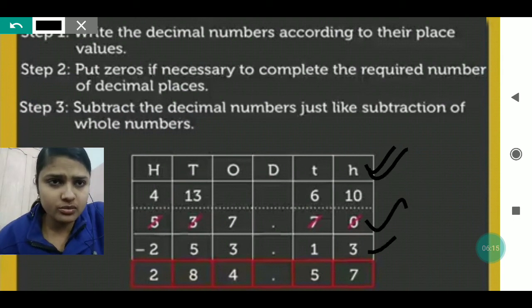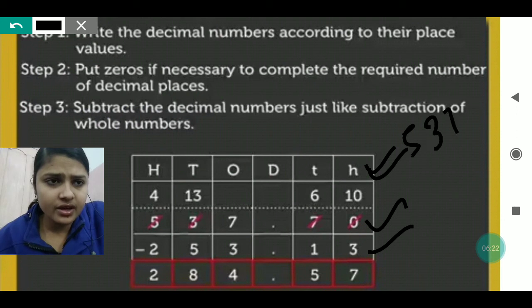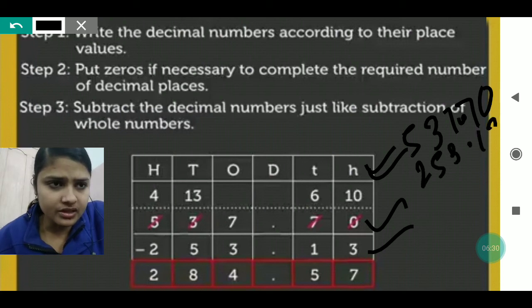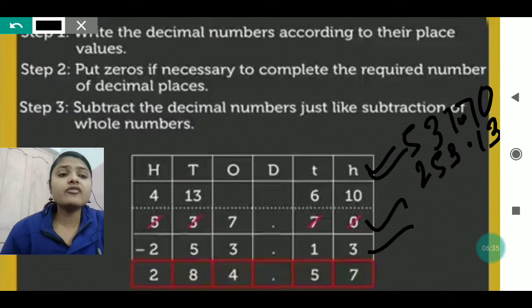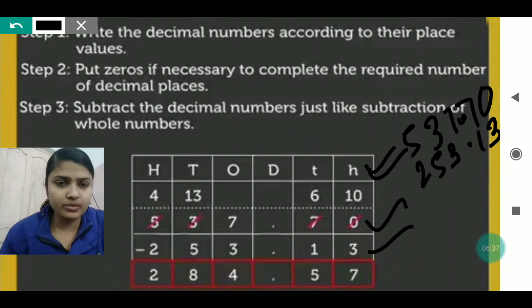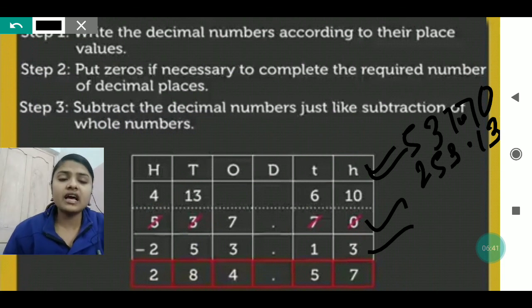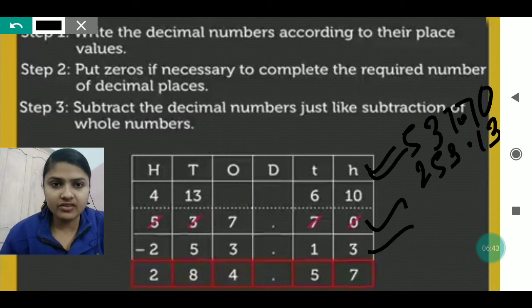You can see these two numbers I have put down, which means I have to subtract 537.70 and 253.13. So when I have to subtract one number from another, first of all upside I will mention the place values. After that I will write down both the numbers. After that we will subtract.